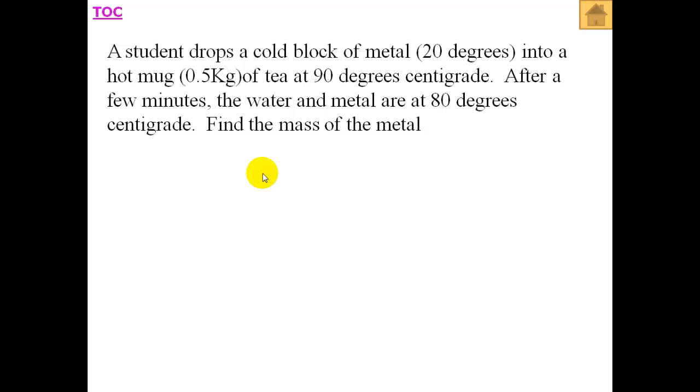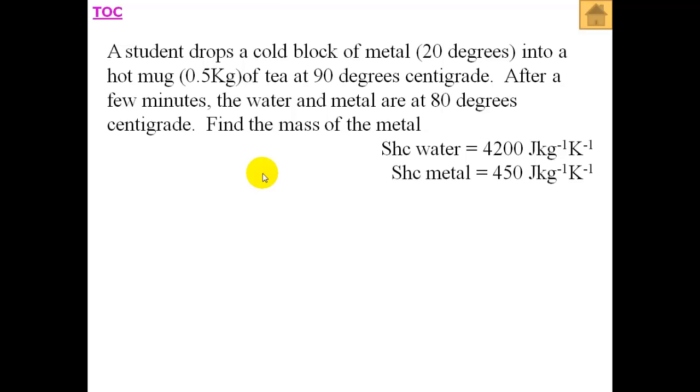After a few minutes, the water and metal are at the same temperature in thermal equilibrium, and they are both at 80 degrees centigrade or Celsius. Find the mass of the metal. The specific heat capacity of water is 4,200 joules per kilogram per Kelvin. The specific heat capacity of the metal is 450 joules per kilogram per Kelvin.